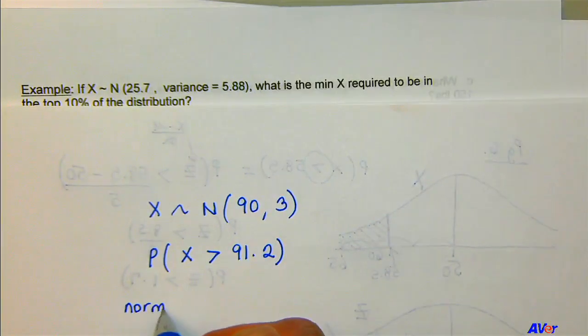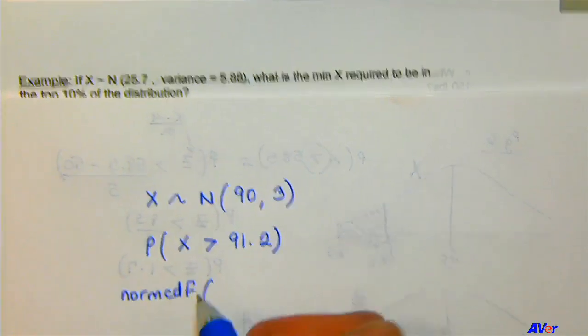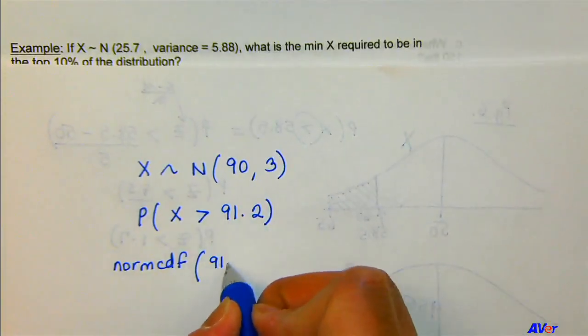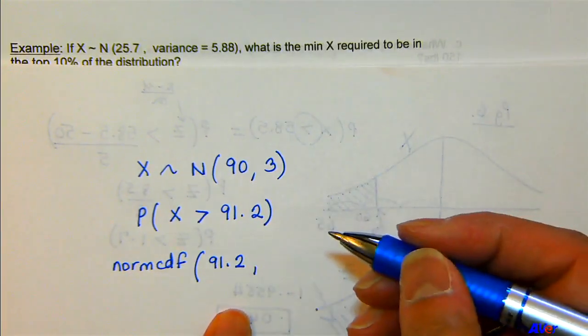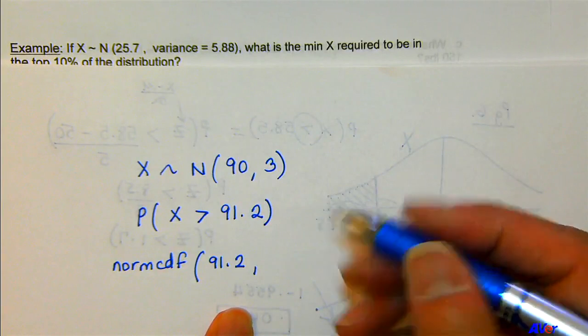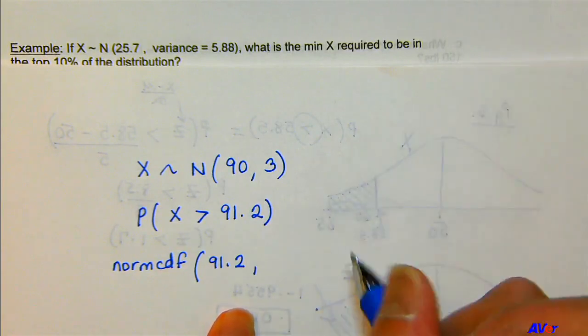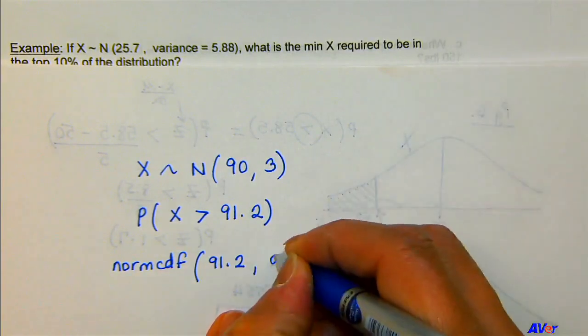Norm CDF, left 91.2, because I want the area to the right of 91.2, right? So the left endpoint is 91.2, comma, right endpoint will just be infinity. So put in any big number that you want. This is infinity.